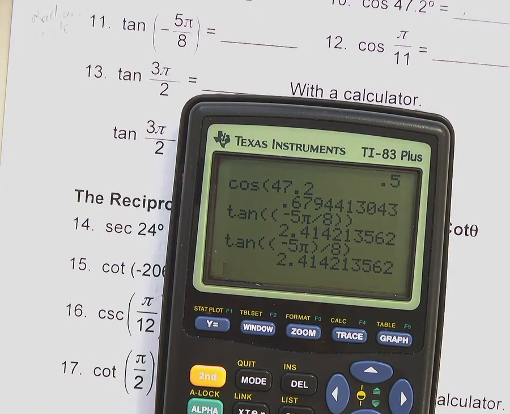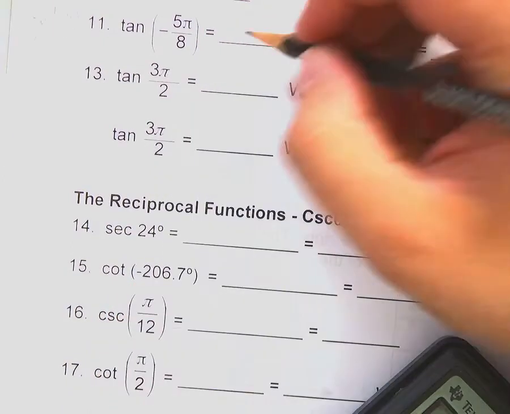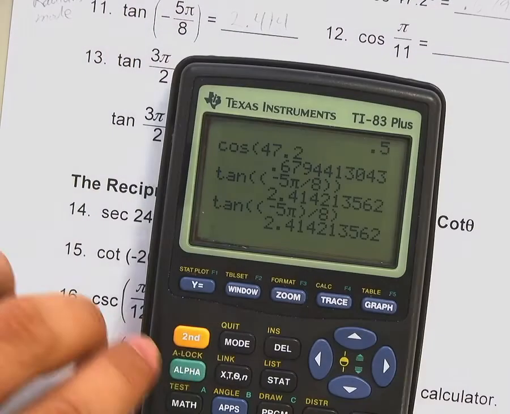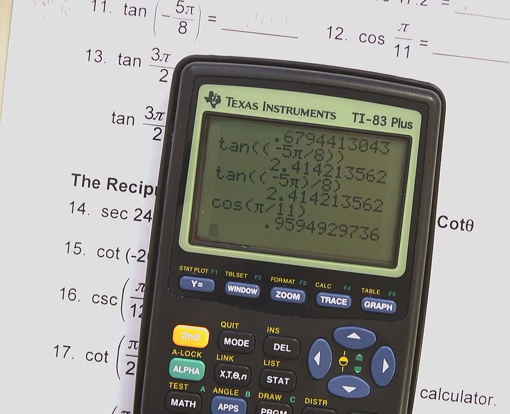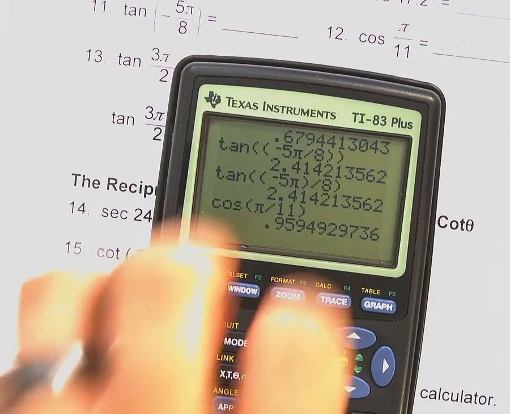Never mind. Sorry. It's that kind of a day. Anyway, type in your -5 pi over 8. It's 2.414. Cosine of pi over 11, and it's 0.959.